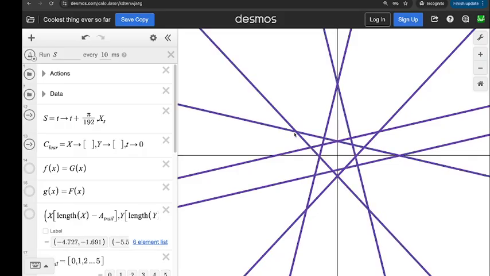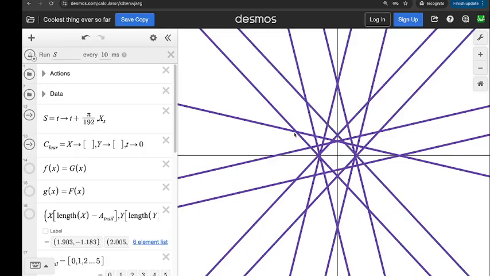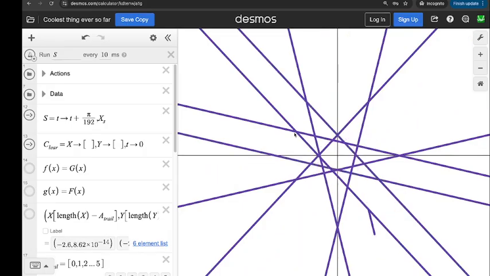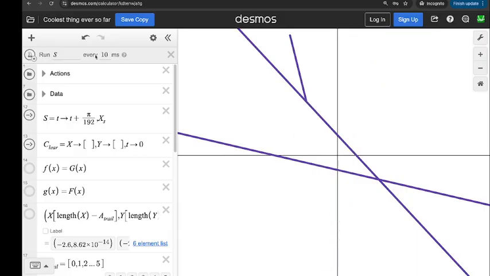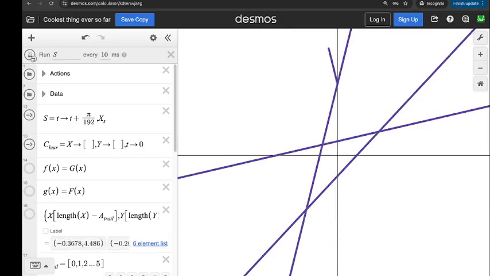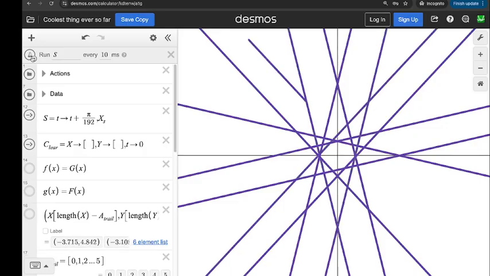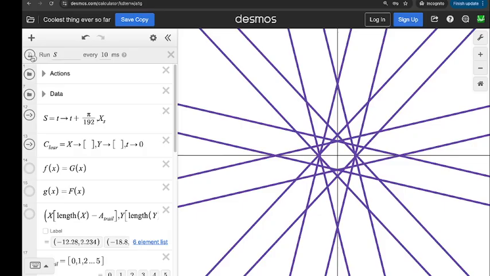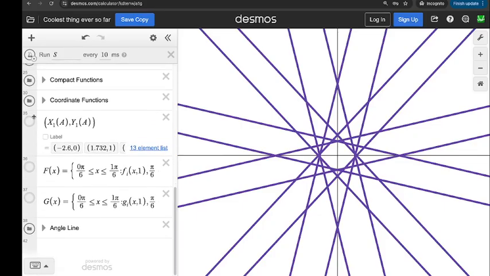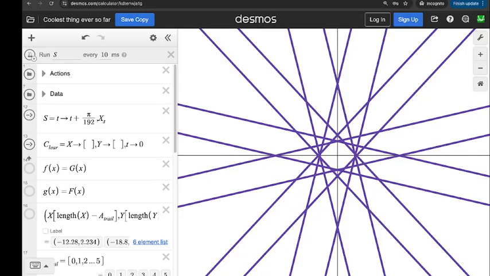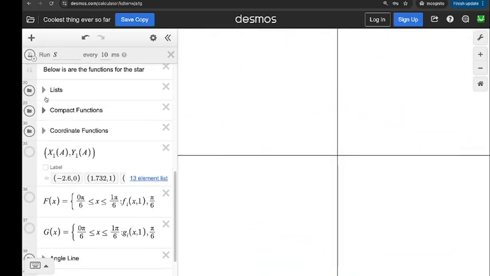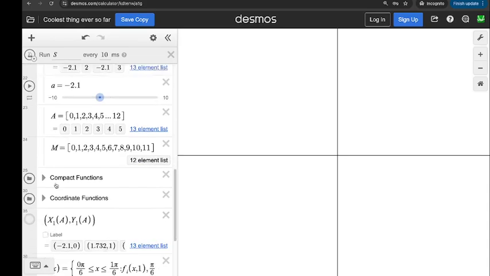Kind of. It kind of drew the shape with a few too many lines, but anyway, as you can see, let's set a to be a positive value.